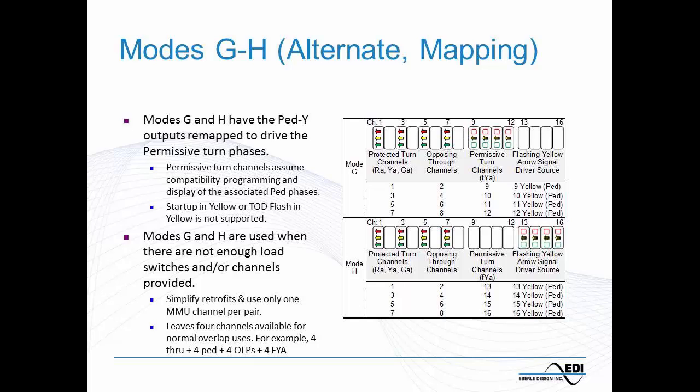As I stated earlier, it depends very much on how many channels we're going to need, how many flashing yellow arrow approaches we're going to add, how many load switches we have, all of the hardware resources necessary to arrive at the final configuration.